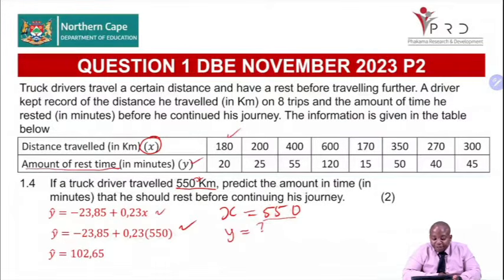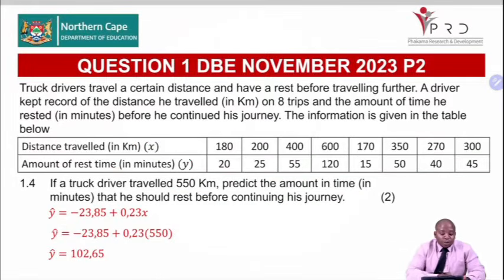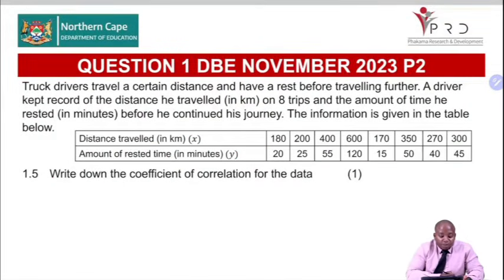Write down the coefficient of correlation for the data. To find this R, remember we are going to utilize our calculator instructions, and our R is going to be 0.98. Now let us proceed to question 1.5. It reads as follows: write down the correlation coefficient for the data.